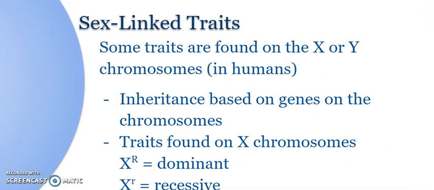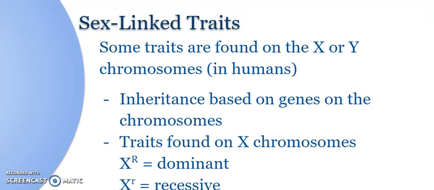So we can see this in some other characteristics as well with humans. Color blindness in humans is an X-linked trait. The ability to see certain colors, especially red, green, blue, on that spectrum of differentiating colors, the protein for that is found on the X chromosome. And females can carry it as well as males.